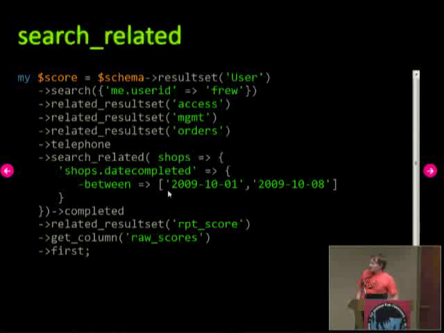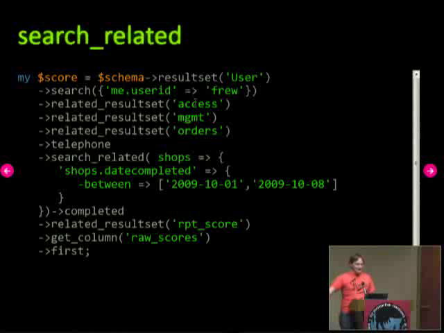Here's an extremely complex example that's actually from my work of use of search related, which I've mentioned a couple times before. Basically here, we're going to the user result set. We're saying I want to find the one that has a user ID of Frew.